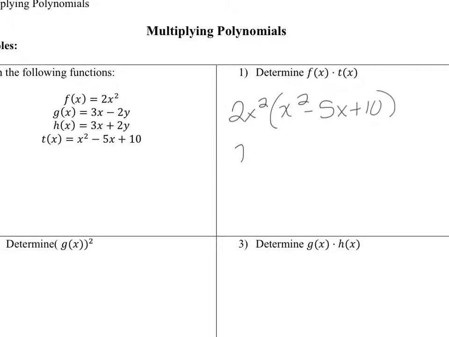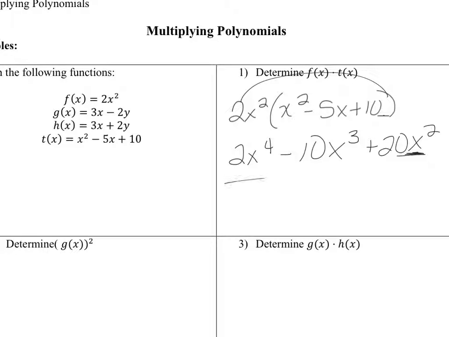So this becomes 2x to the 4th. Multiply the numbers, add the exponents when you're multiplying. So 2 times negative 5, x squared times x, and then 2x squared times 10 is 20x squared. It has nothing to multiply over here, but the x squared still comes along for the ride. So that's it, multiply.